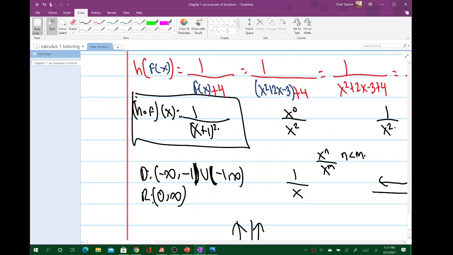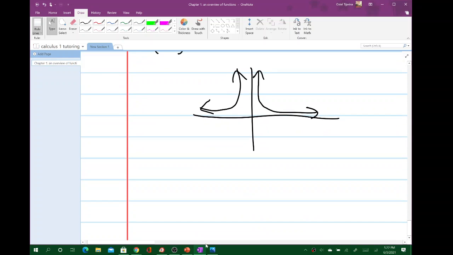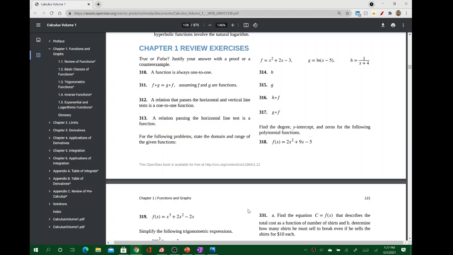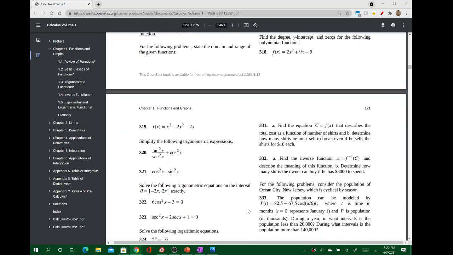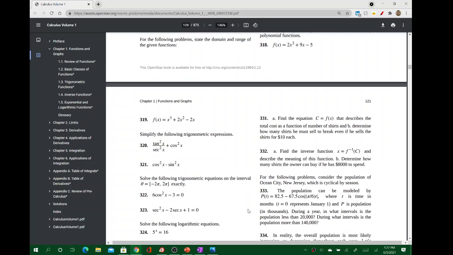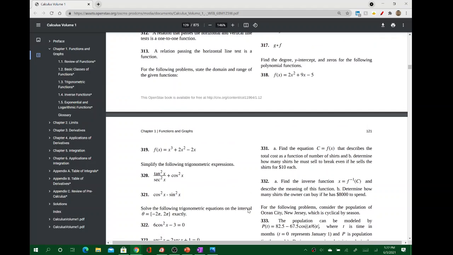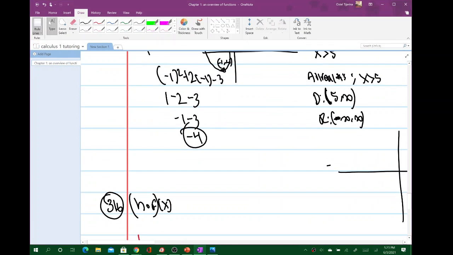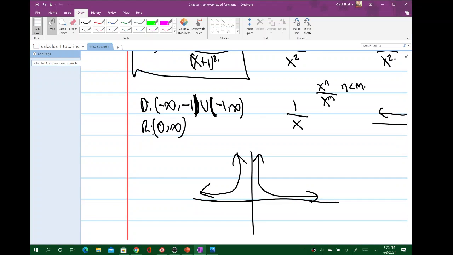This one's a very tricky one. It's a little bit difficult. But anyways, that was h of f of x.